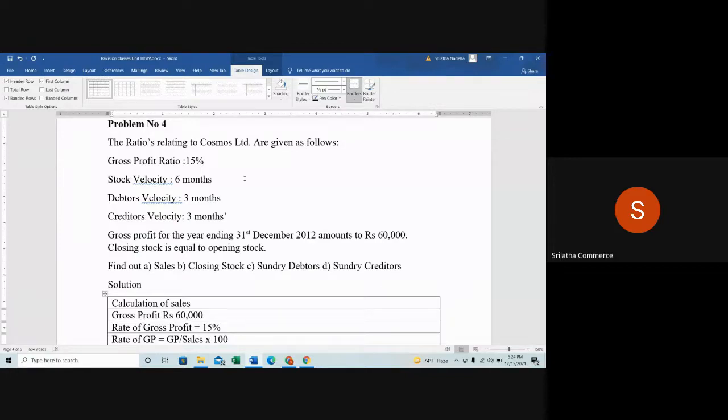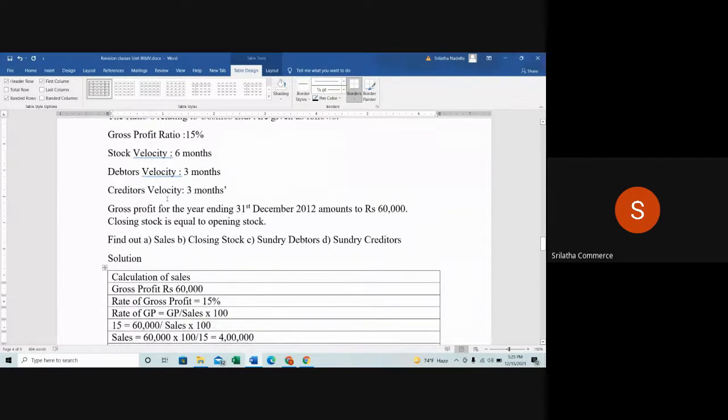Within how many days in a year you are making the payment. So stock velocity is the conversion period, debtors velocity is your collection period, and creditors velocity is nothing but your payment period. So here he had given in months. So here also, in a year, how many months will be there?